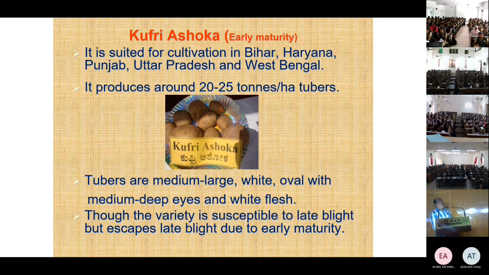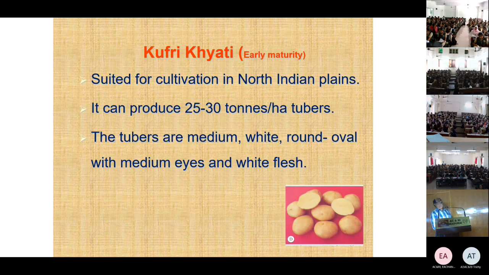The yield is around 20 to 25 tons per hectare, white oval with medium deep eyes and white flesh. This variety is susceptible to late blight disease, but because of its early maturing nature, it escapes the disease. Next, Kufri Jyoti, it is also cultivated in the northern plains, almost 25 to 30 tons.